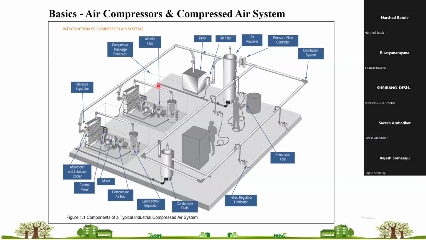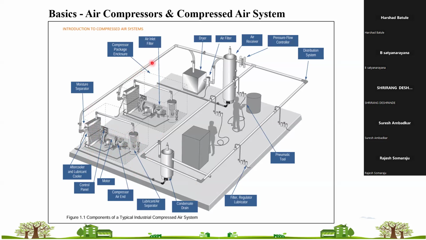These are different equipments used in an air compressor. This is your induction motor used in the air compressor. This is your aftercooler or lubricant cooler. Then there is a control panel. So this is the compressor end. This is the lubricant or air separator.